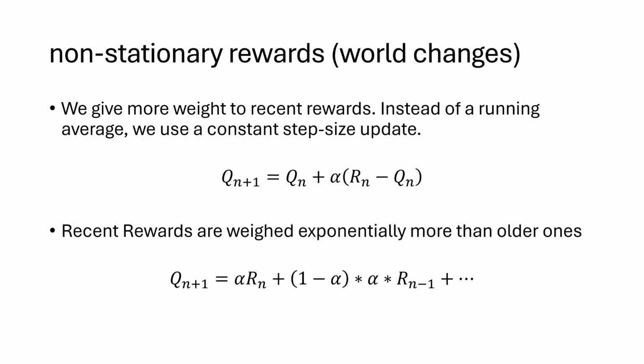If something suddenly gets better or worse, the estimate adjusts quickly. If you expand out the update, you will see that every new estimate is basically a mix of the newest reward and the ones before that, weighted a bit less, and so on all the way back, but the older rewards get exponentially less importance.